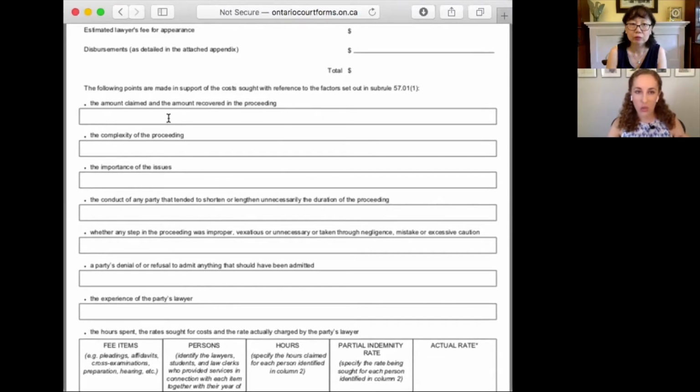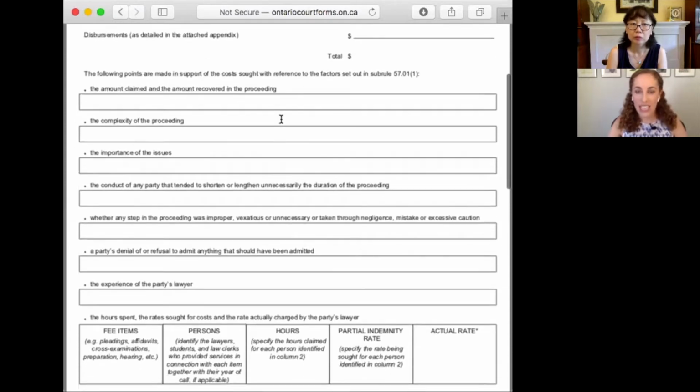For example, if you have a motion for answers to undertakings and a party has failed to provide the answers, then you can say why you need $2,000 for bringing the motion. You might say the amount claimed is X dollars. There's no amount recovered yet in the proceeding, so you can address that as not being applicable at this time.